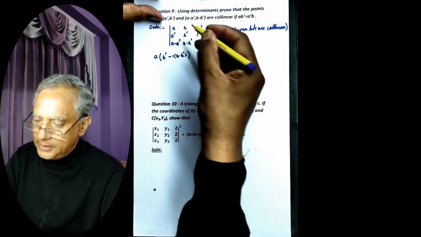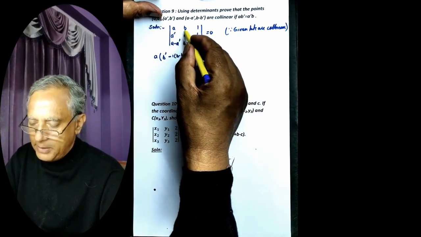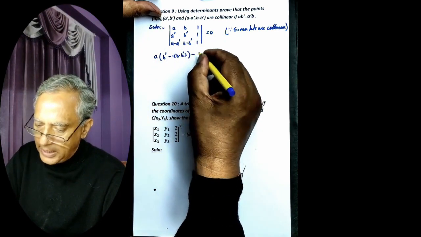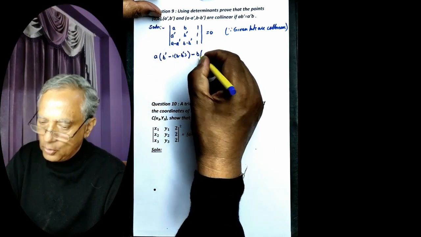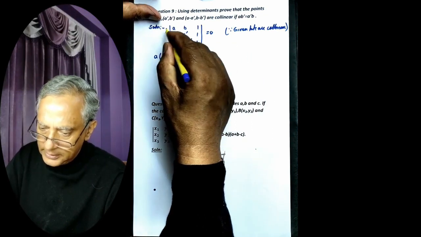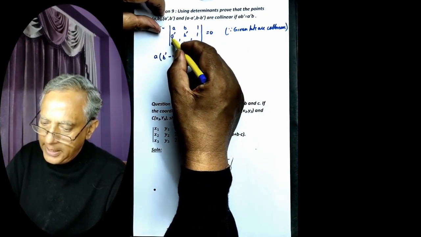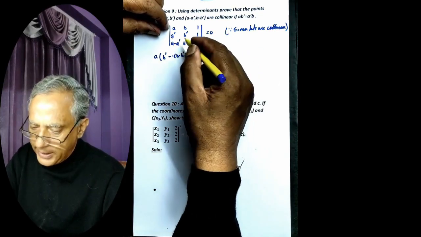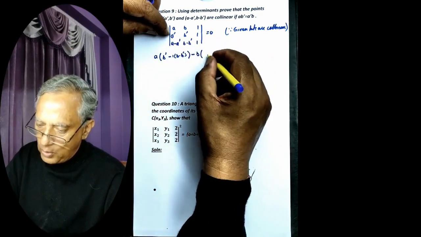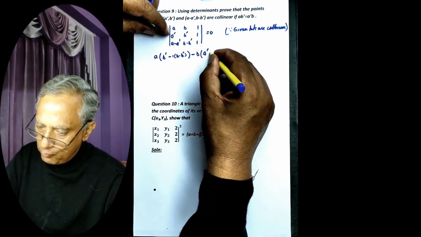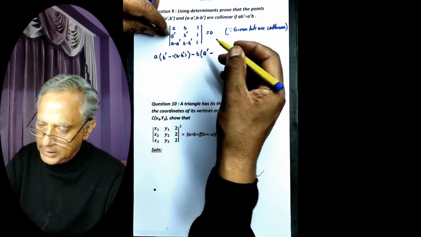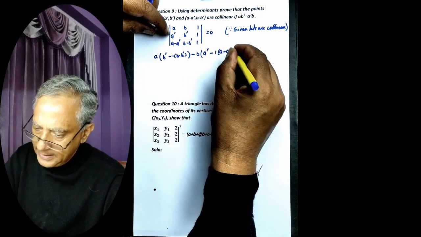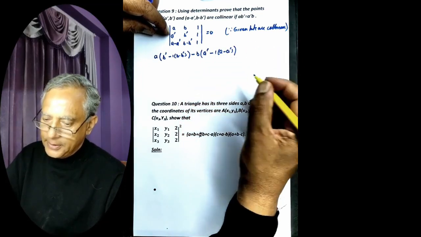Now next, this entry is at place (1, 2). So 1 plus 2 is odd. So we get minus B into. Now this is gone, this is gone. We are left with A', 1, A minus A', 1. So what we get is A' into 1 is A', minus this into this, 1 into A minus A'.